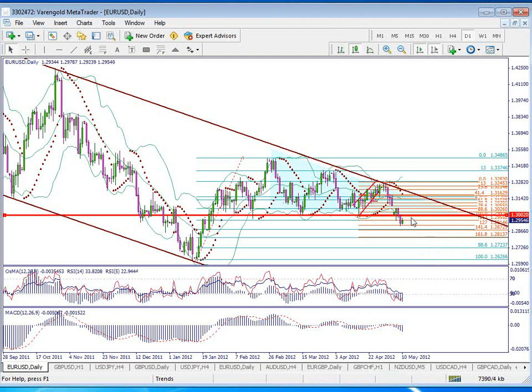So I think that for the next period we can expect that the pair will go into the downside. Probably the target will be the previous low that the pair made here, but it can also go to reach new lows.